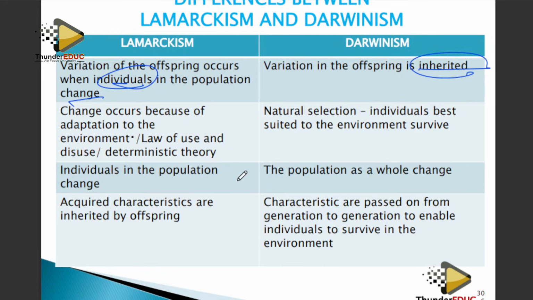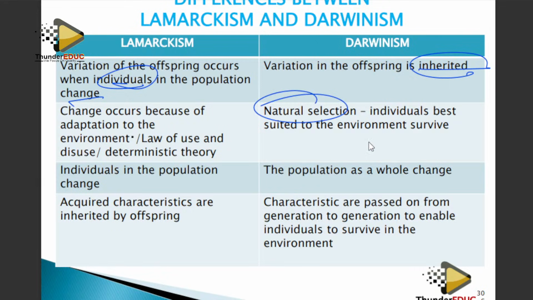Lamarck says we change because of adaptation to the environment. For example, if I want to be tall, I just stretch myself and I change so that I can fit in the environment. Darwin says that no, we change because of natural selection.